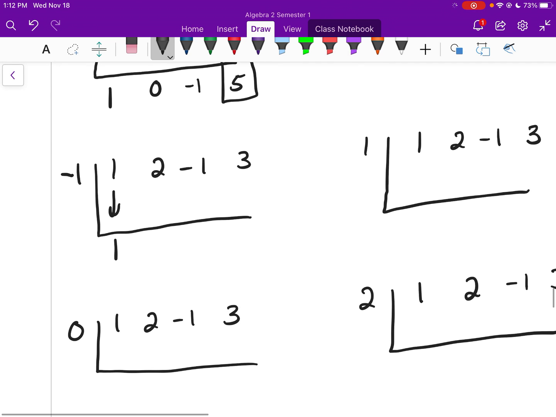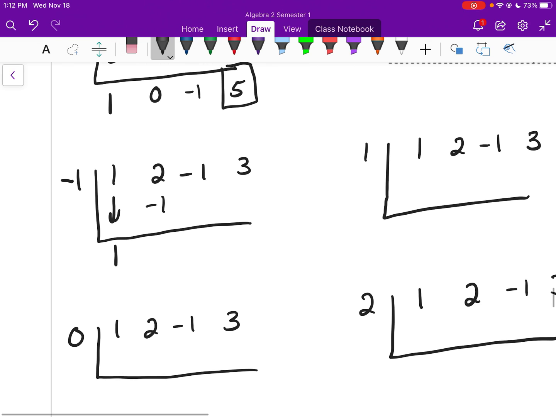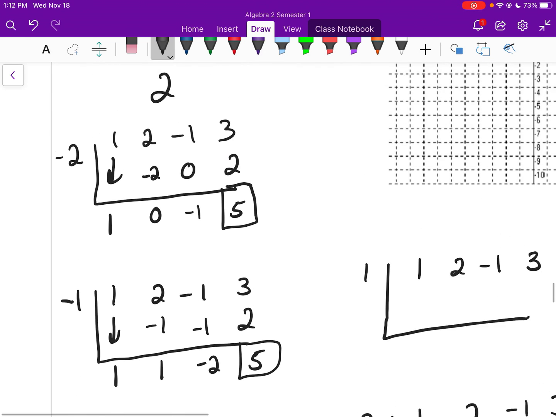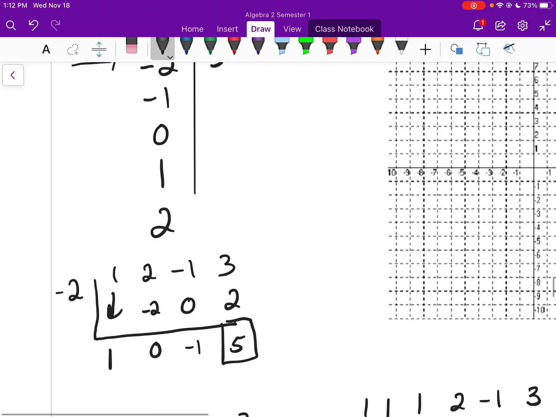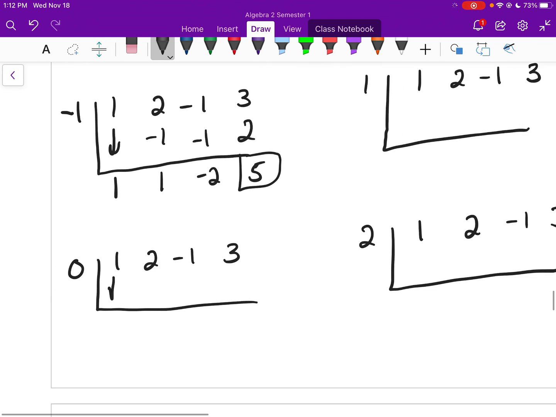Bring it down, 1. 1 times -1, we get -1. Add, multiply, add, multiply, add. So we get 5. Then when we plug in 0, and still bring it down, we get 1. 1 times 0 is 0. 2 plus 0 is 2. 2 times 0 is 0. -1, -1, 0, 3.